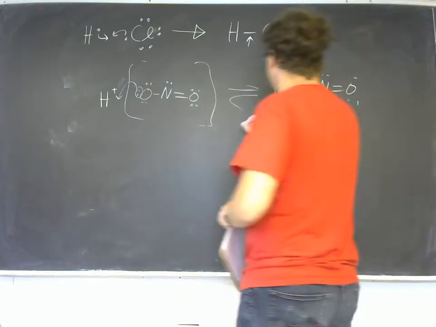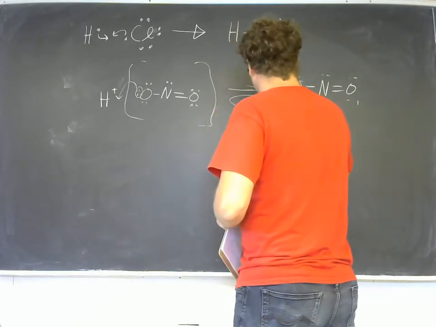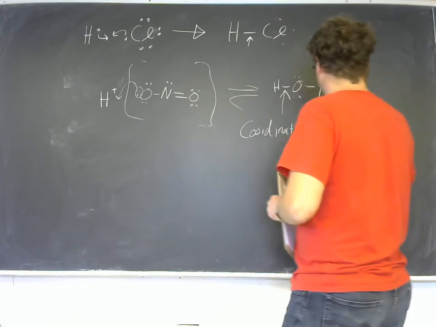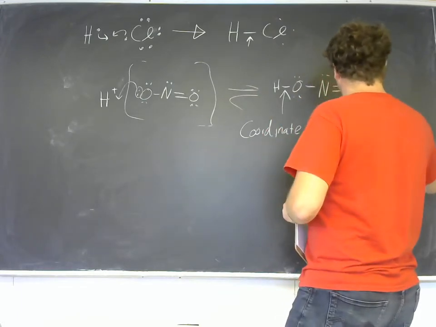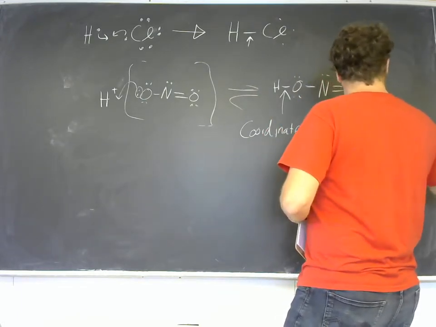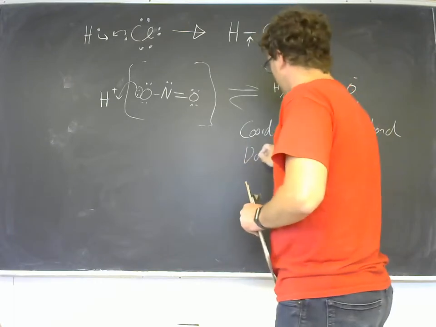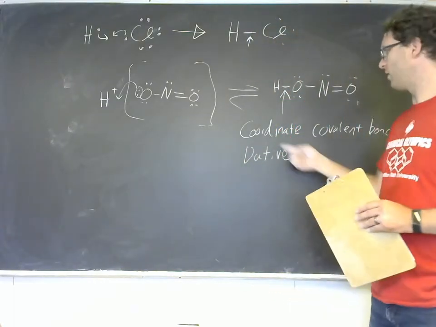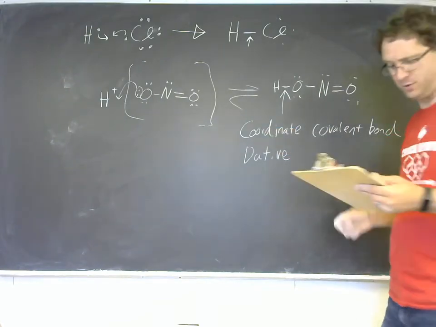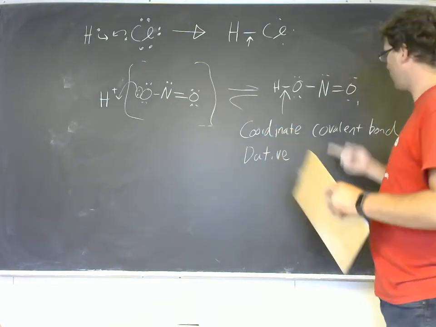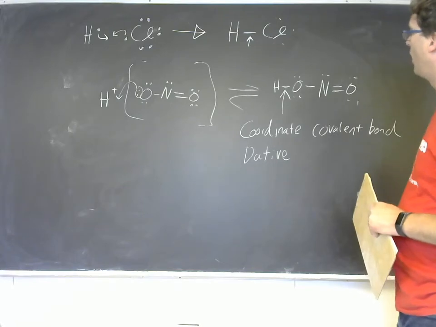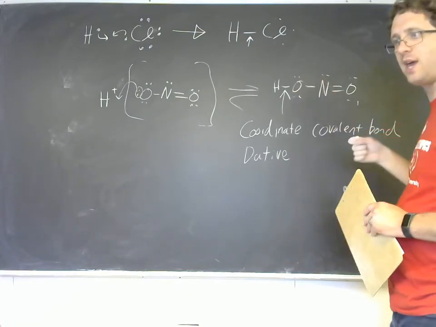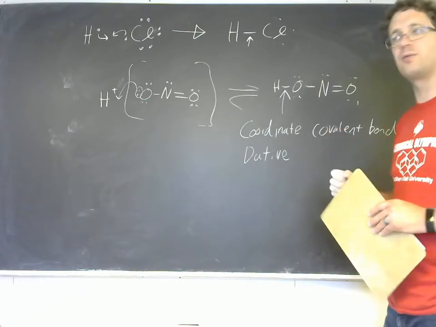And this is called a coordinate covalent bond. In some other textbooks they will call it a dative bond, which I prefer if only because it's fewer syllables. So these coordinate bonds are ones where both electrons that form that bond came from a single reaction partner.